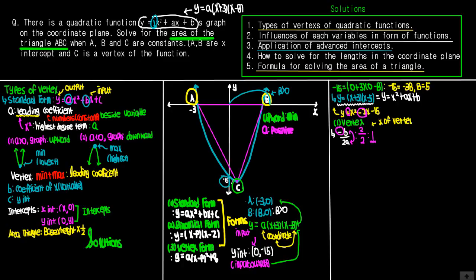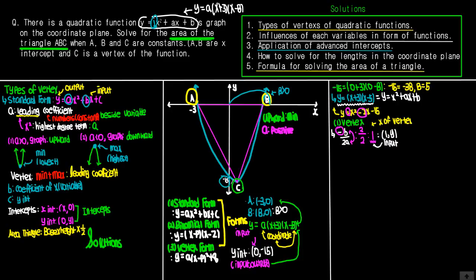And the reason we don't really have to memorize the y coordinate formula is because we know that our axis of symmetry is equal to the input, so the coordinate will be 1 comma y. All you have to do is input 1 into our original function and get the output.